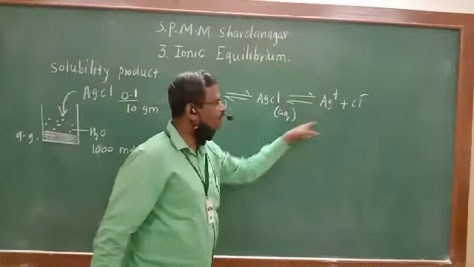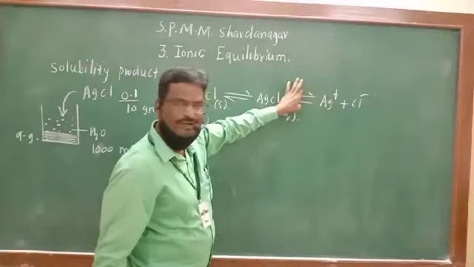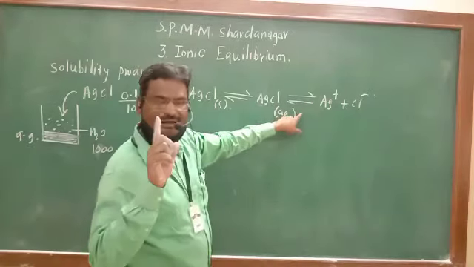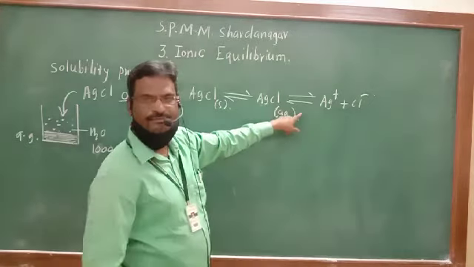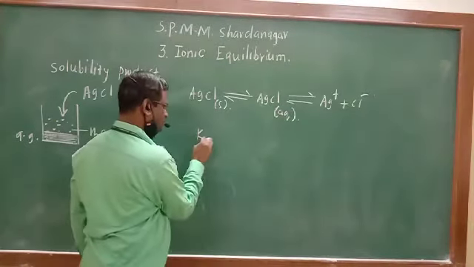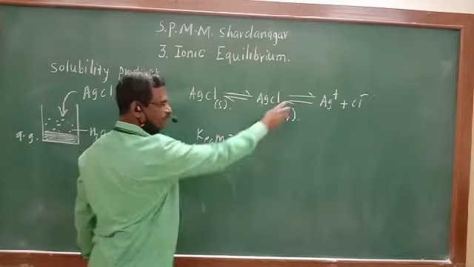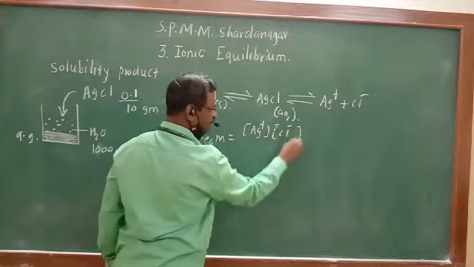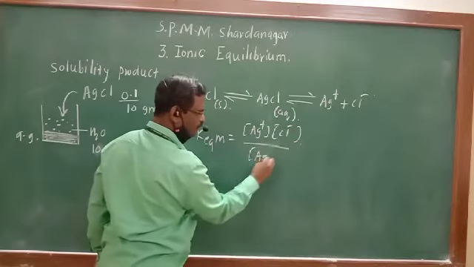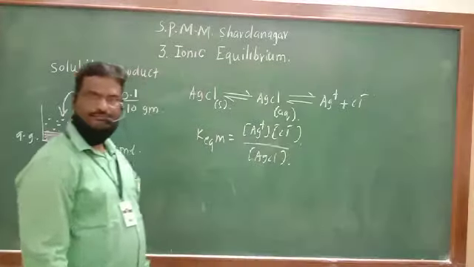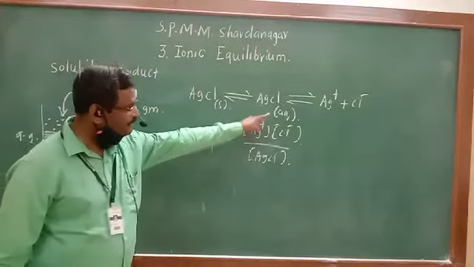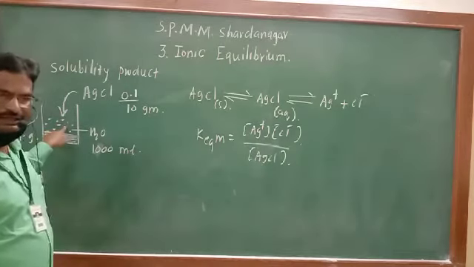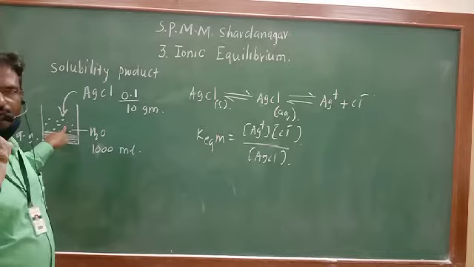For this ionic equilibrium, since this is reversible, we can apply the law of mass action and calculate the equilibrium constant. So K equilibrium for this equilibrium will be concentration of products Ag plus, Cl minus divided by concentration of AgCl. This AgCl is in the liquid state, and liquid state AgCl concentration is always constant.